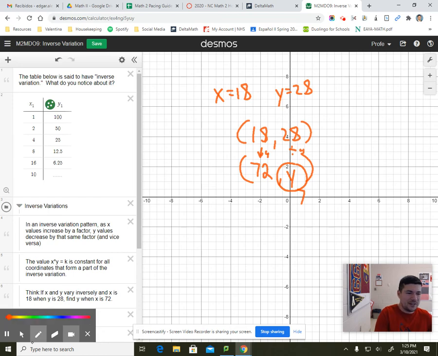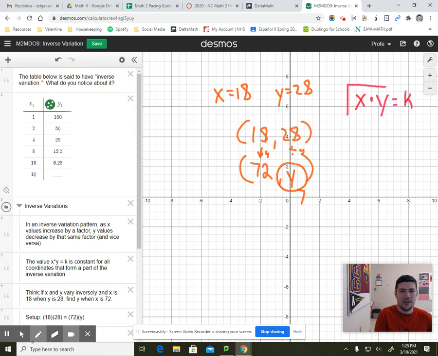If you didn't much like that, I don't blame you. There's another way to tackle it. We mentioned x times y is constant. As a matter of fact, for inverse variation, xy is always equal to a constant k. So 18 times 28, my x and my y, should be the same as 72 times y.